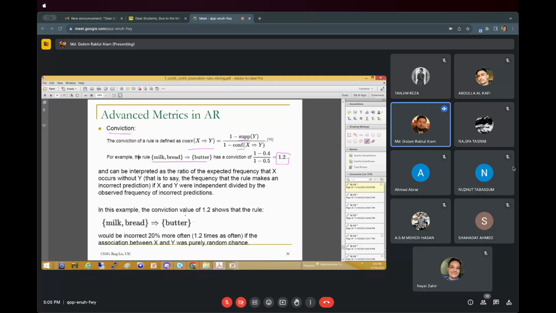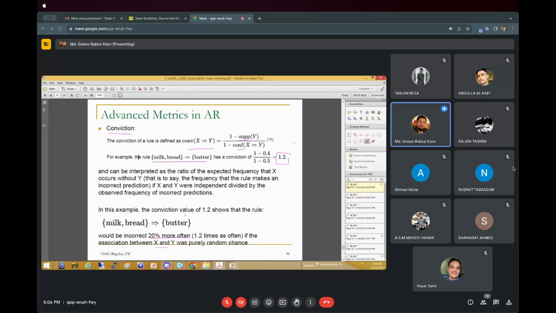This conviction of 1.2 means that the rule would be incorrect 20% more often if x and y were just purely random chance.